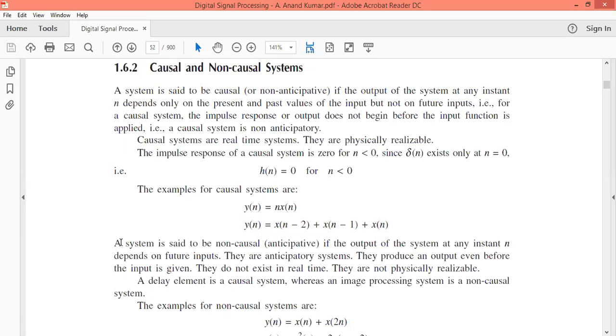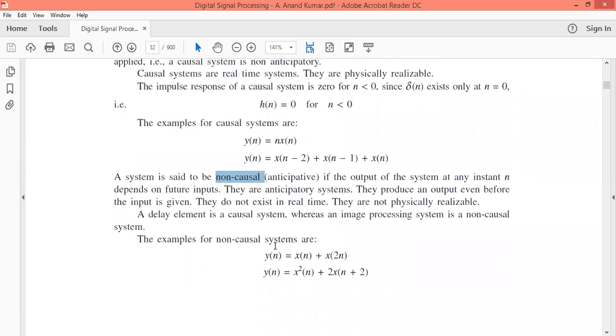A system is said to be non-causal if the output of the system depends on future values of input also. If it depends upon one or more future values of input, then the system is called a non-causal system. See this example: substitute n equal to 0, y of 0 is equal to x of 0 plus x of 0, which is fine.